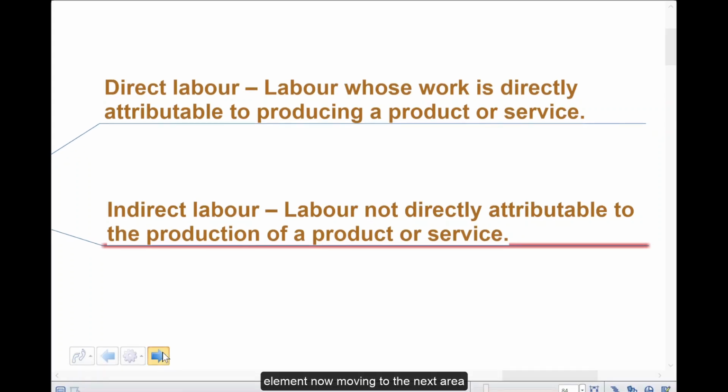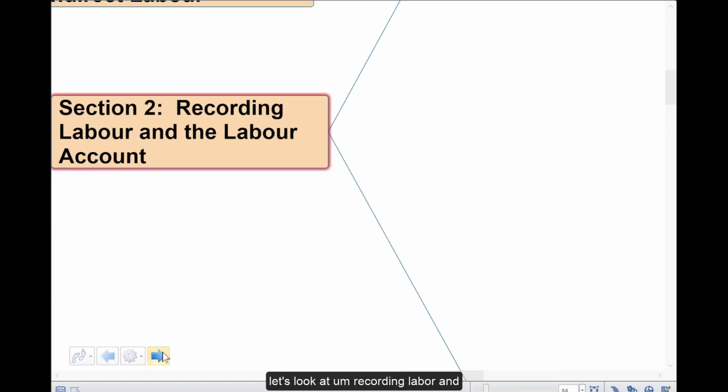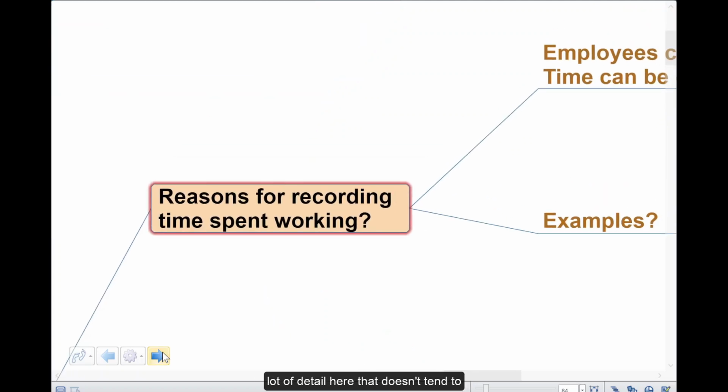Now, moving to the next area, let's look at recording labour and indeed the labour account. There's a lot of detail here that doesn't tend to get examined. When we think about the recording of labour, clearly what we're talking about is time.